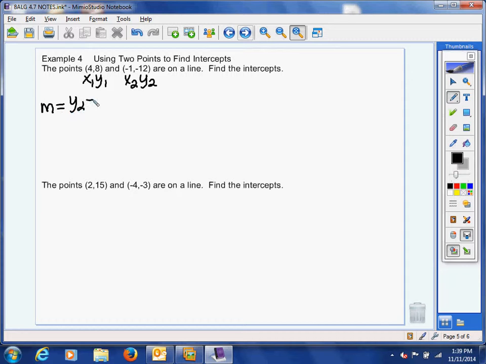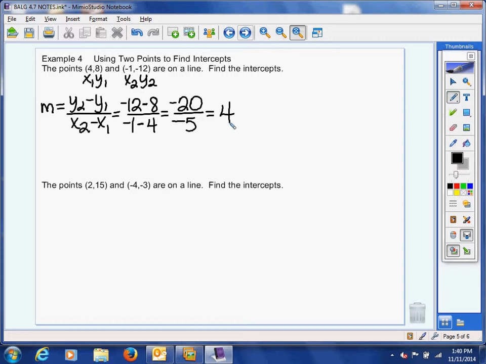Okay, here we go. y2 is -12 minus y1 is 8, over x2 is -1 minus x1 is 4. -12 minus 8 is -20, and -1 minus 4 is -5. I'm going to divide those two, knowing that a negative divided by a negative is a positive.